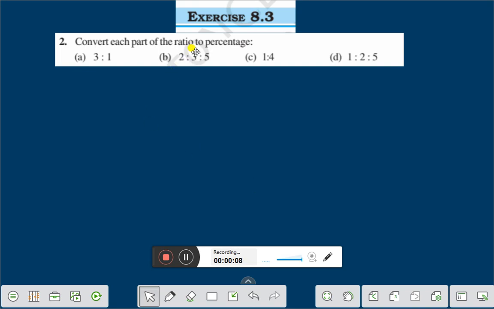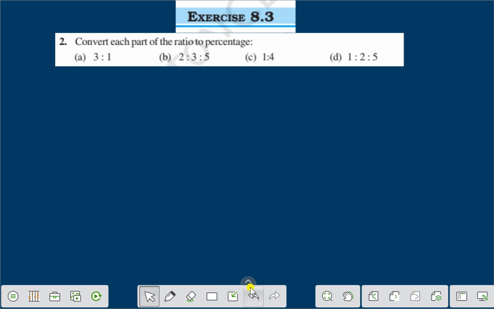Convert each part of the ratio to percentage. Let us convert. Here you see, convert each part of the ratio to percentage. That is A is 3 is to 1. 3 is to 1.